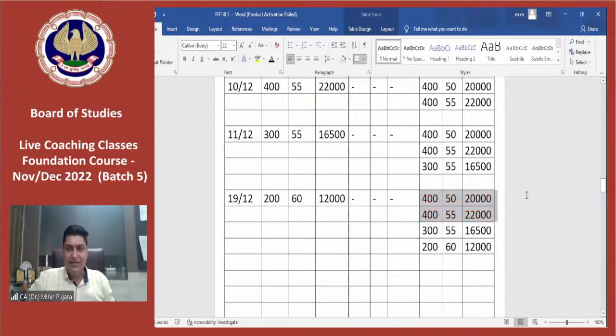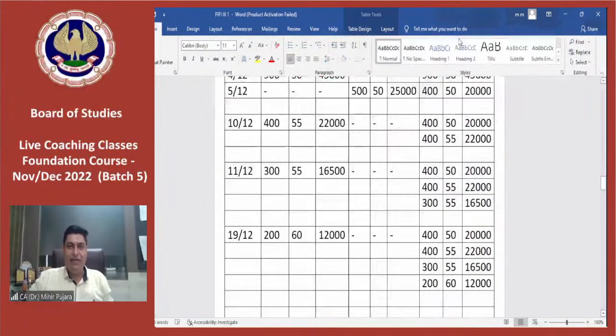Because we are not issuing anything, till 19 it will remain same. Clear, guys? Till 19 copy paste. That is fine.